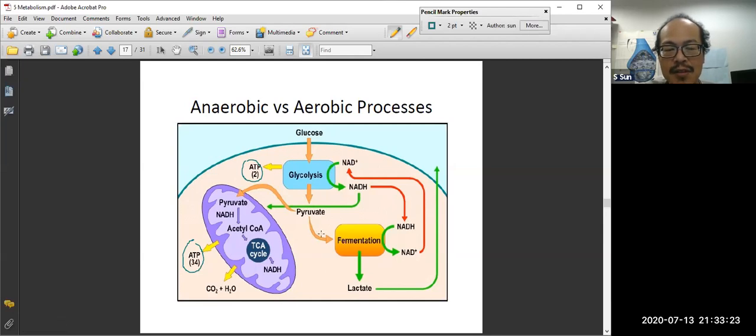Without oxygen, pyruvate will be fermented to form the lactate, and this process doesn't require oxygen, but still we use glucose to produce a very small amount of ATP. It's not like nothing, but it's much less efficient compared to the oxidative phosphorylation.